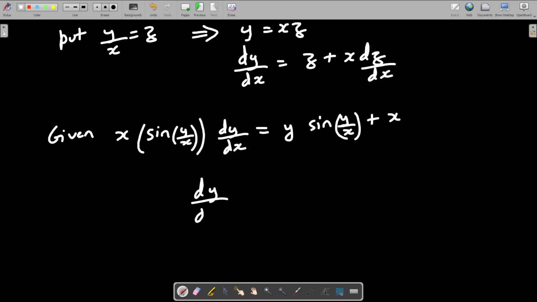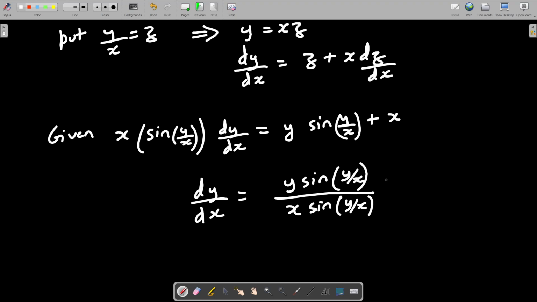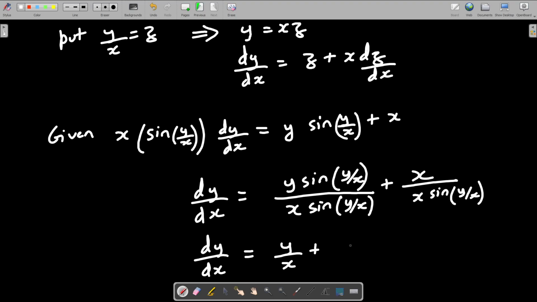This will become dy by dx is equal to y by x plus 1 upon sine of y by x.